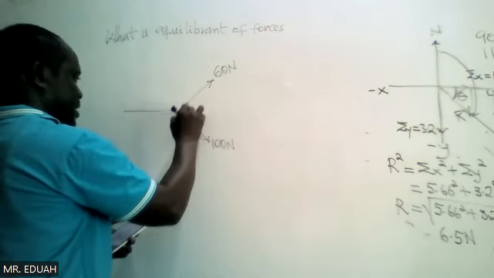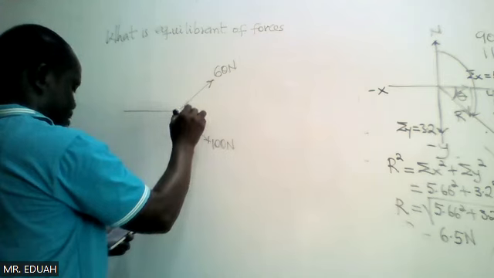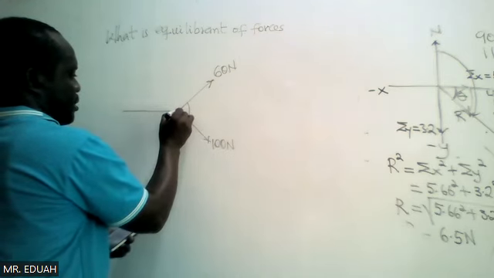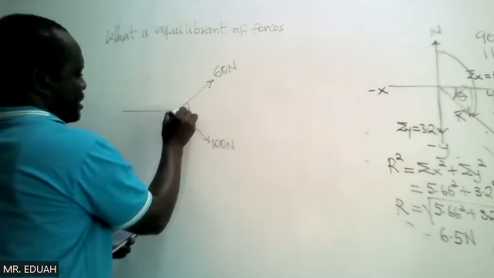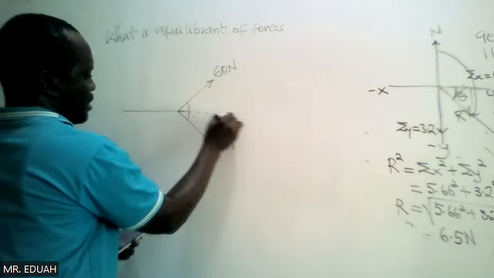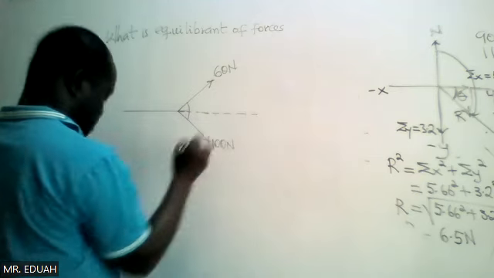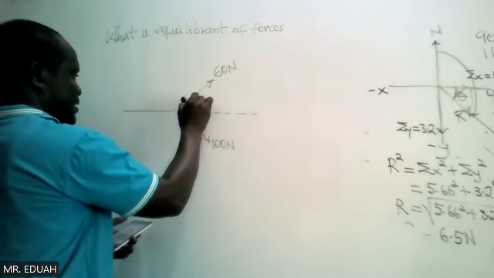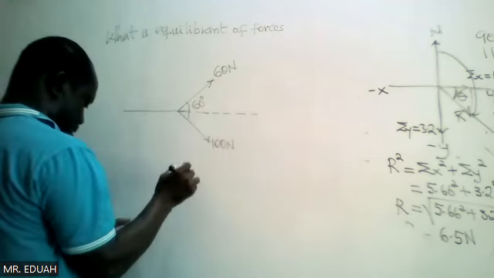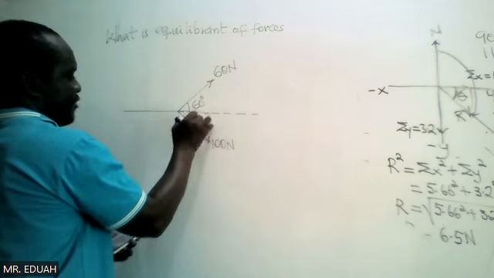The angle between them, when we extend this, this is 60 degrees, and then this is 45.